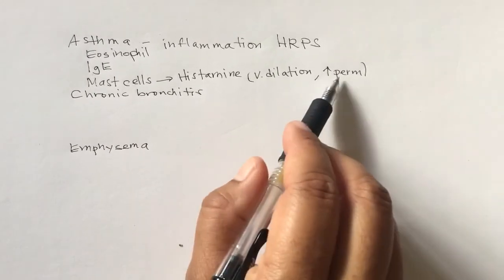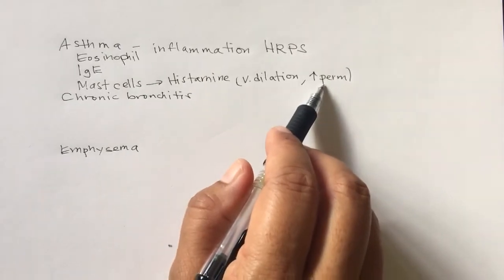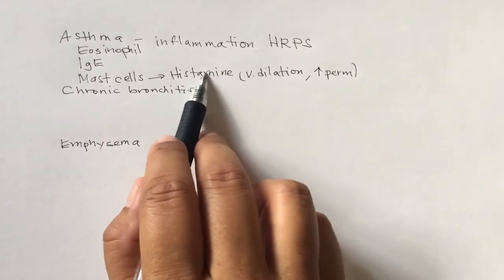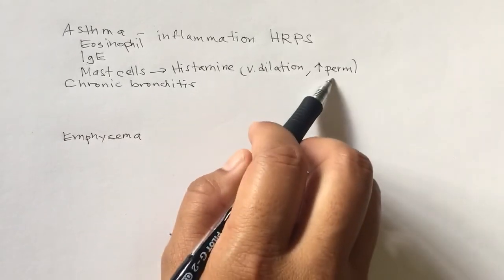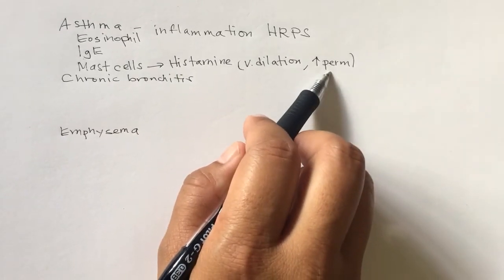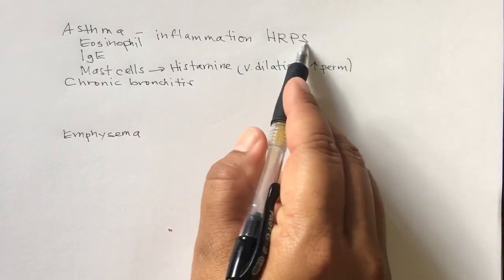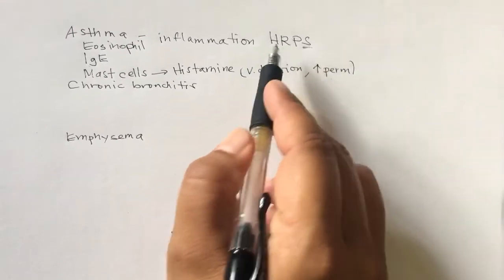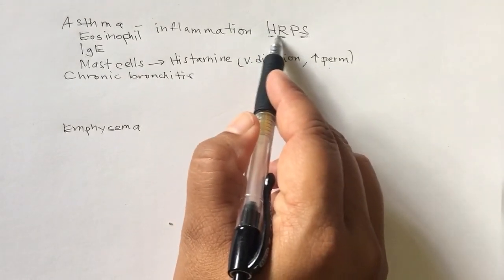The point of increasing permeability is so that the white blood cells can move into the area and fight infection. But in the case of asthma, this histamine release, vasodilation, and increased permeability causes fluid to move into the tissues. That leads to the swelling in the area, right? Also known as edema. Because I have vasodilation, it increases heat and redness to the area.